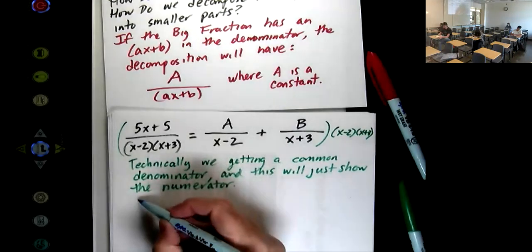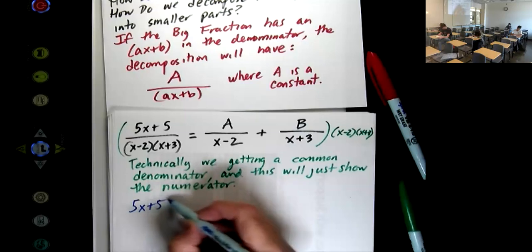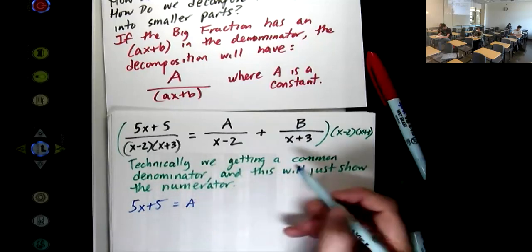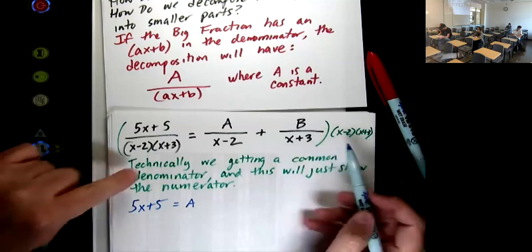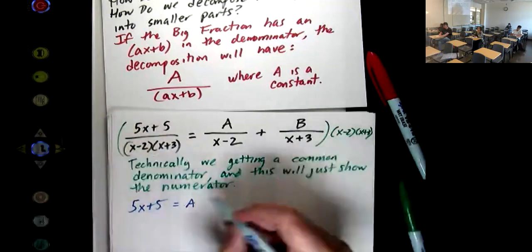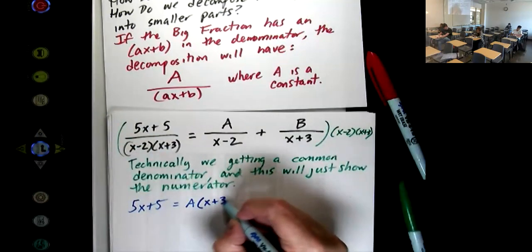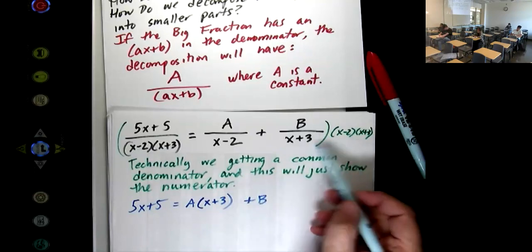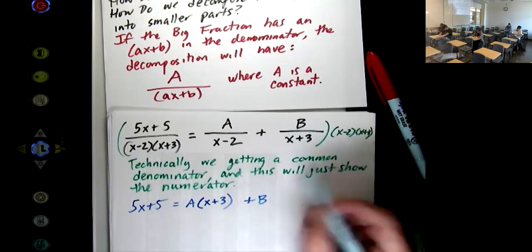If I do that, I'm going to have 5x plus 5 equals a times, the x minus 2 cancels for the a, but it still has the x plus 3. And for b, the x plus 3 cancels, but I still have the x minus 2.